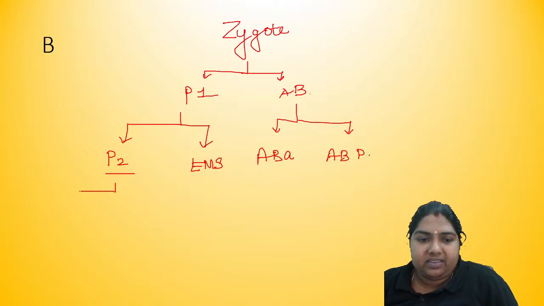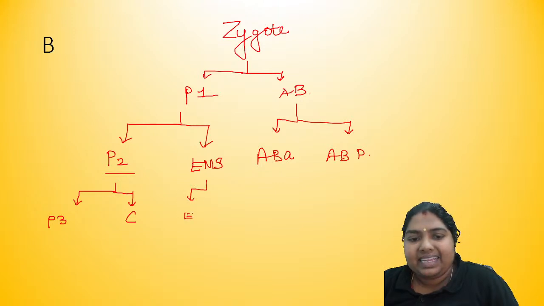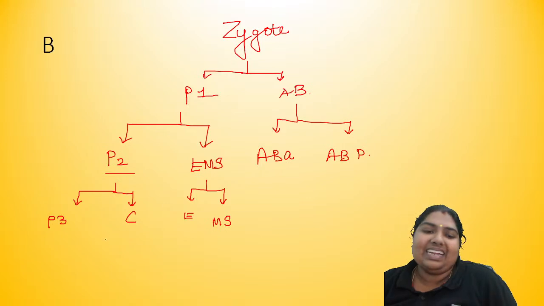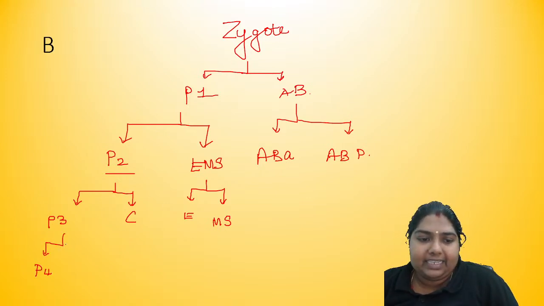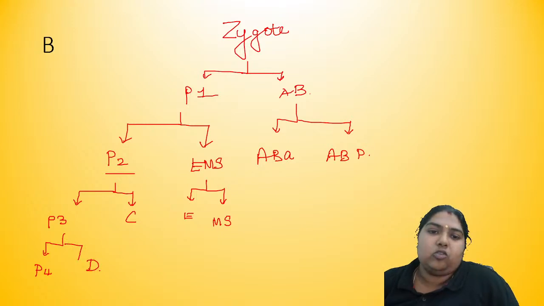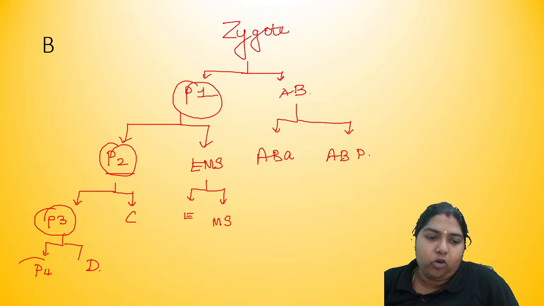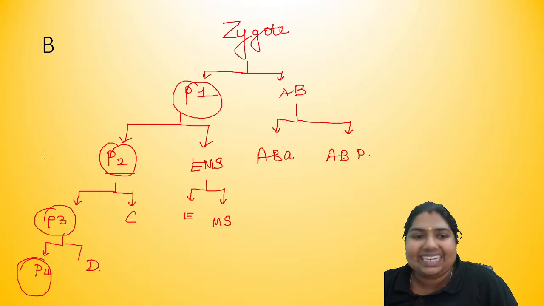This will divide to form P3 and C. This will divide to form E and MS. This will divide to form P4 and D. So P1, P2, P3 and P4 are only going to act as germ cells.